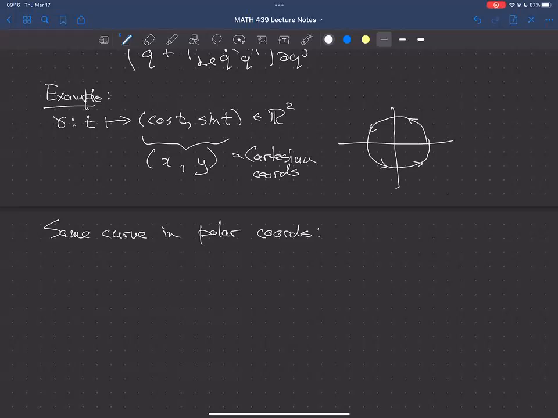And so that same curve in polar coordinates looks like t goes to (1, t). So this is the local representative of the curve in Cartesian coordinates, and this is the local representative of the curve in polar coordinates. Now let's calculate the velocity and the acceleration along that curve.